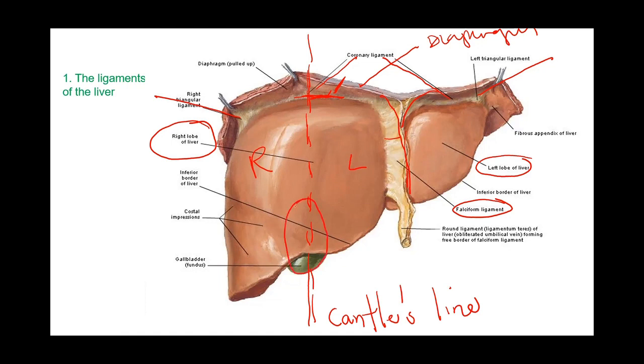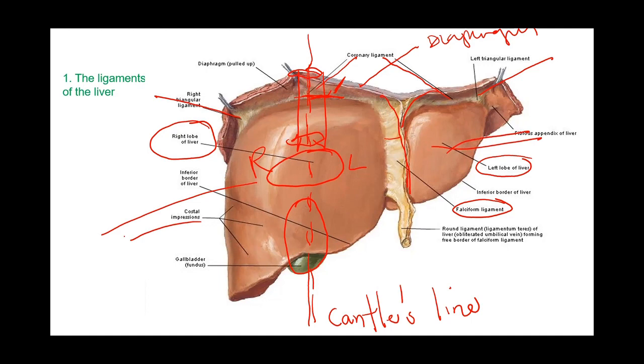Here is the fossa of the gallbladder, the porta hepatis, and the inferior vena cava. So it is lined by Cantlie's line. Okay? But you should know, we are not talking about that now. We are talking about the falciform ligament that divides this into the anatomic right and left lobe.